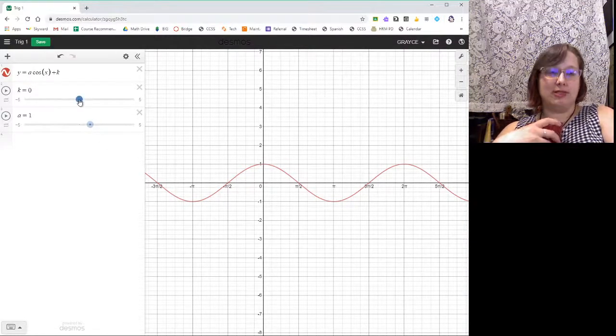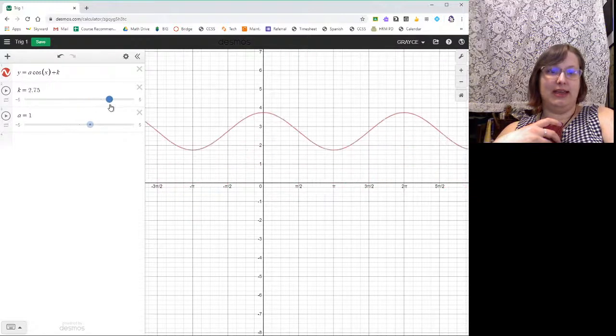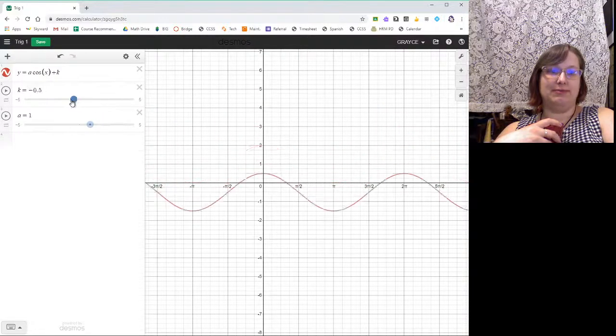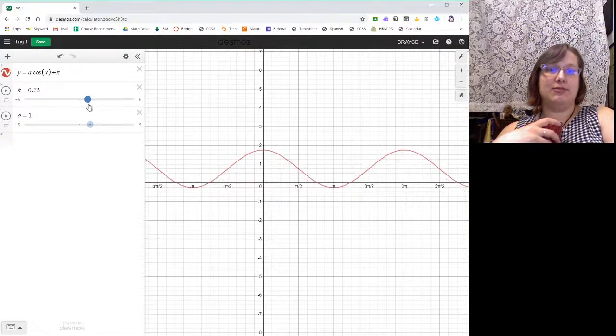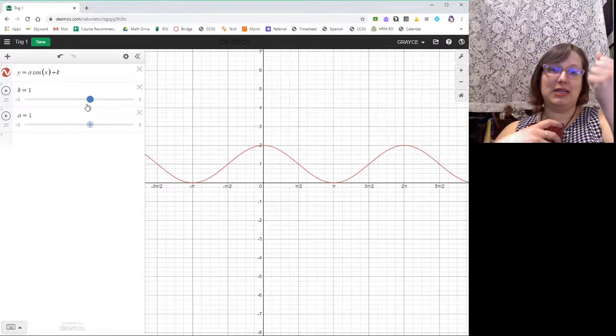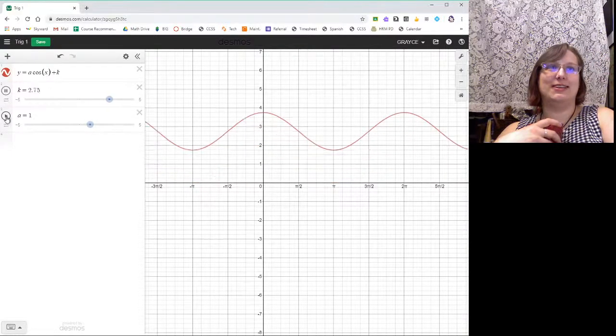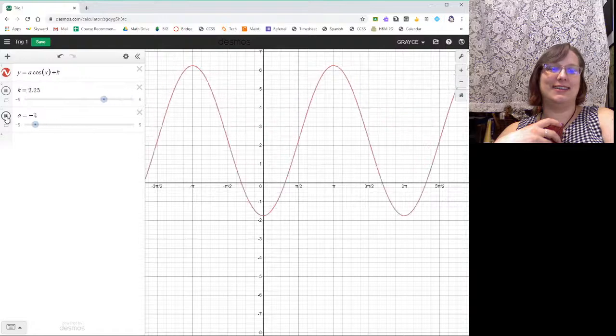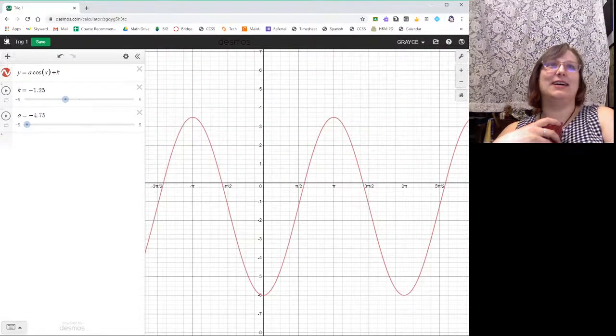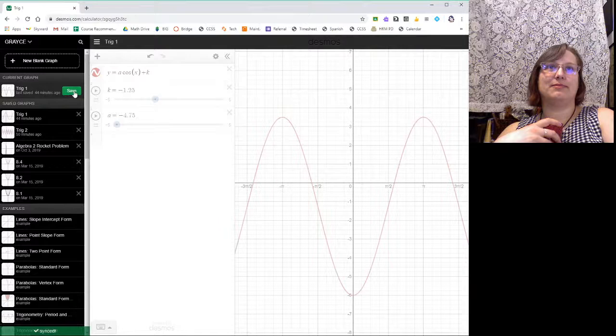And then the other thing we talked about last week was that k, the very last number, makes it go up and down. So I'm hoping that you have those two ideas firmly planted before we move on. But watch this. That's so trippy, I don't like it. So that's both the things at once.